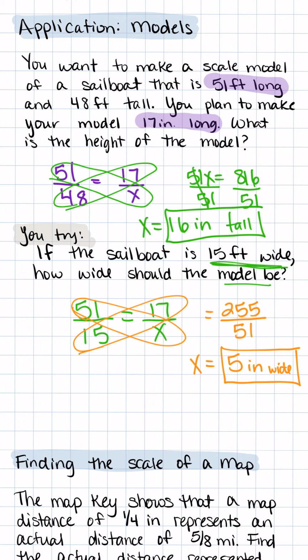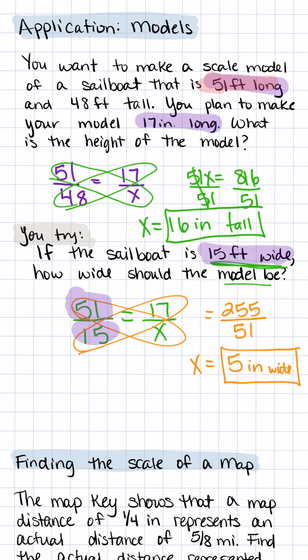Okay, so you should have got 5 inches wide. I actually messed up the first time that I was doing this as the example. You want to make sure that you are using 51 as the length, and then 15 is the new width that's here.